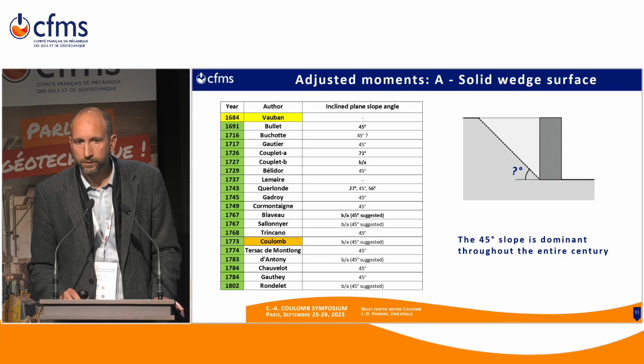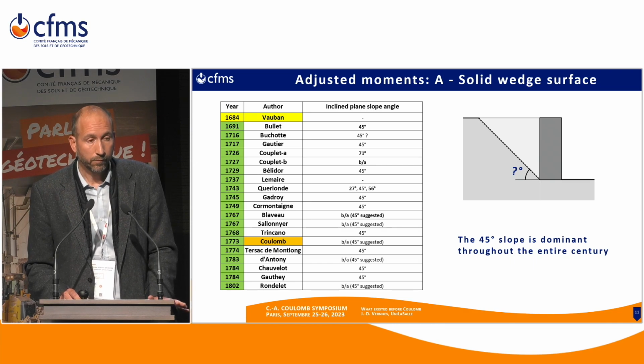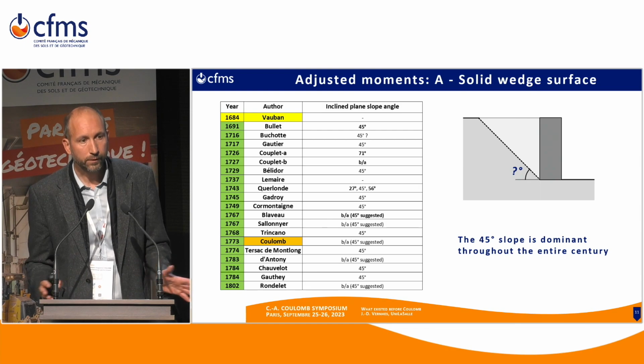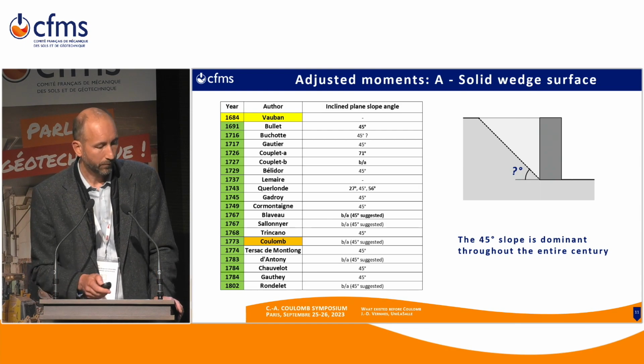It's 45 degrees. What is quite surprising for us today is that, as you see, this is a really highly non-conservative value if it has to stand for most soils in most situations.